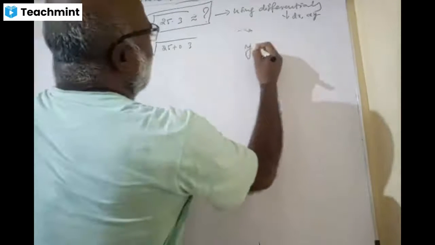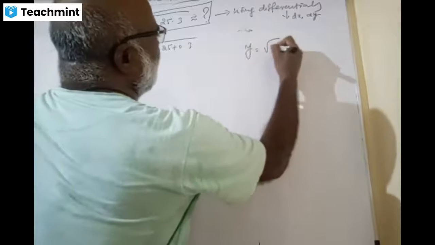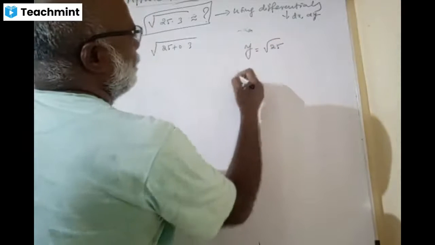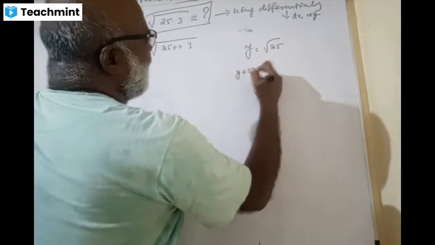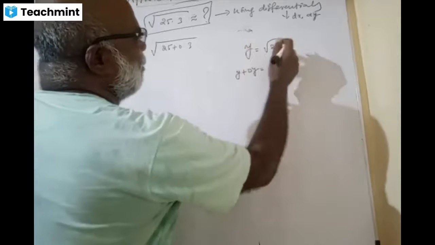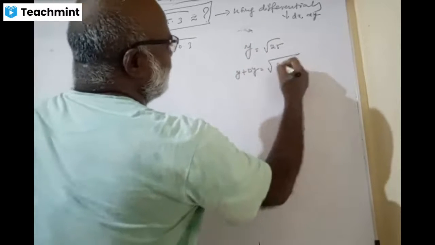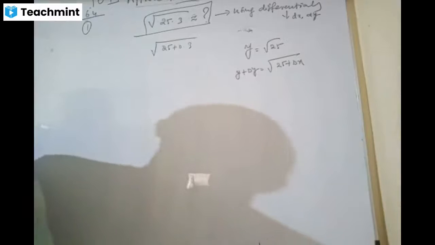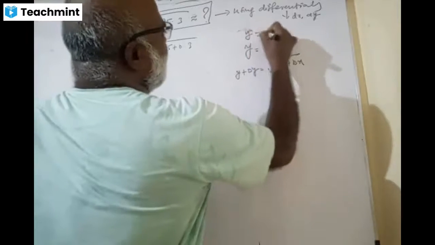Suppose I take y equals root 25. What is y plus delta y? Then the change in y will occur because there is a change in x. That means in general I am taking y is root x.